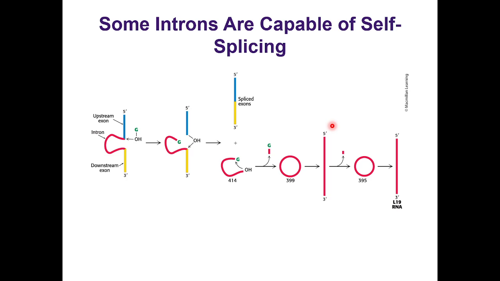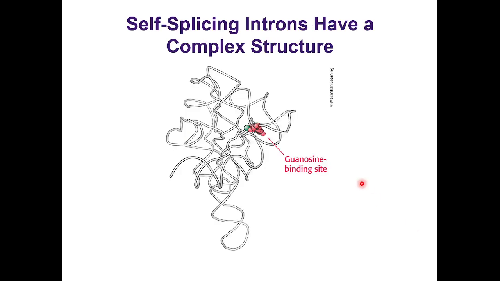And this would actually happen naturally if you were to have an RNA in solution and it has different stabilities at different bases, right? So you'd actually get it naturally cutting off like this. And so we can see this goes from 399 to 395 actually, and this is known as the L19 RNA right here. And you can actually see this in action, which is pretty cool.